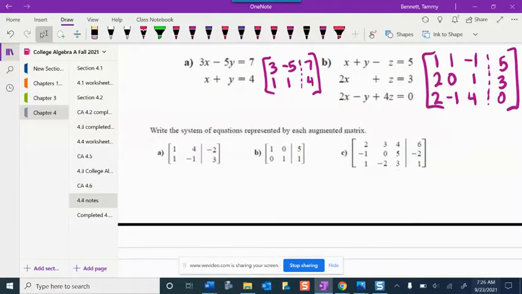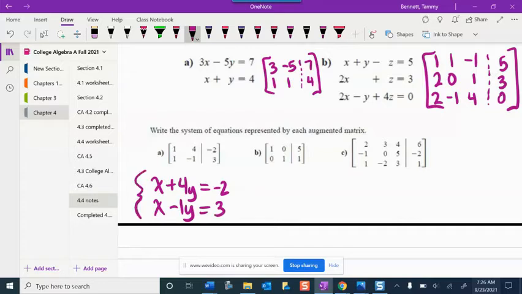And now on the next part here, we're going to go backwards. So this means I have a 1x plus a 4y equals negative 2. Second equation is 1x minus 1y equals 3. This one would be an x, no y's, equals 5. This is a y equals 1.